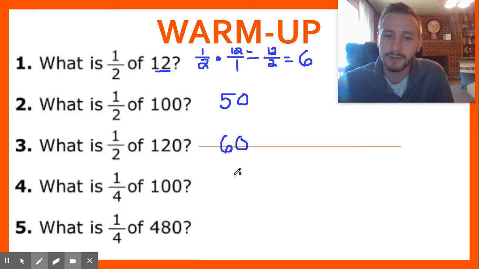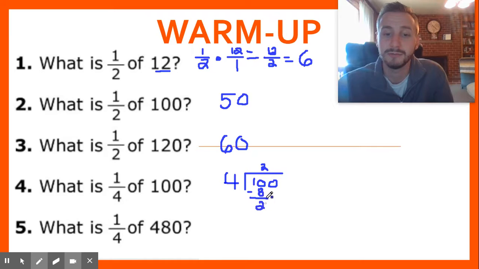So 4 divided by 100, 4 can't go into 1. 4 can go into 10 twice to give you 8. You subtract these and you get 2.